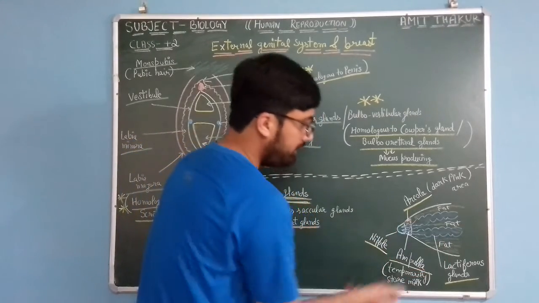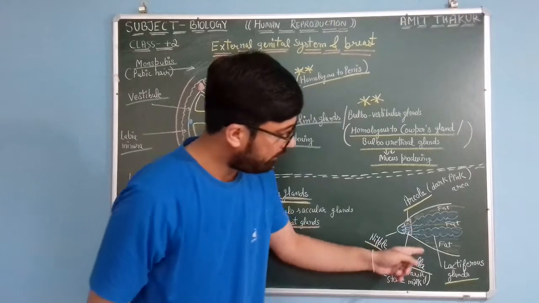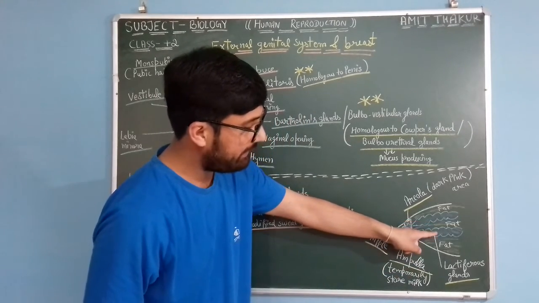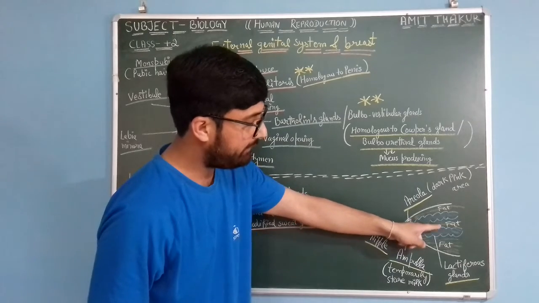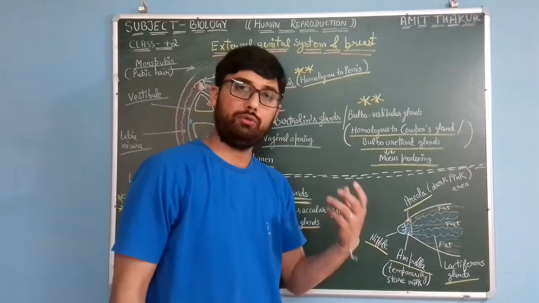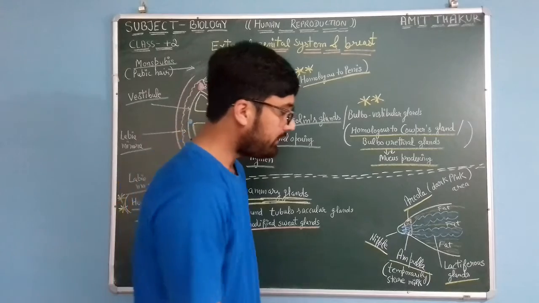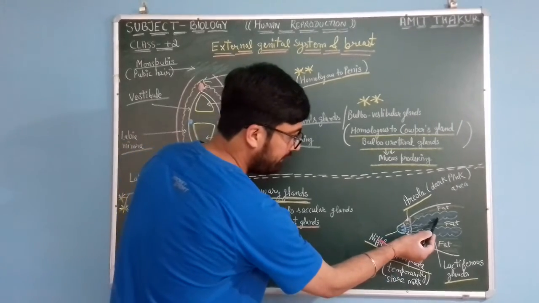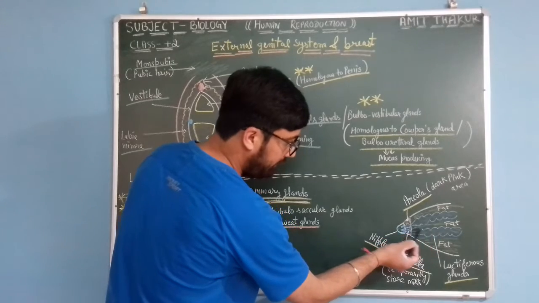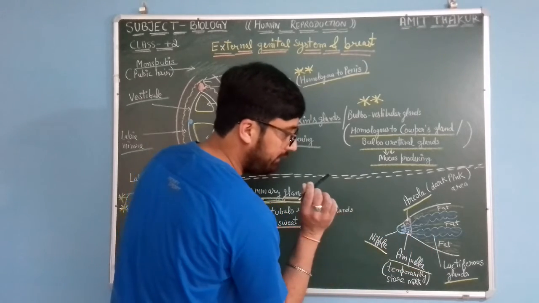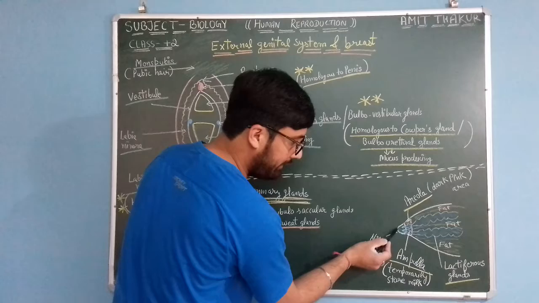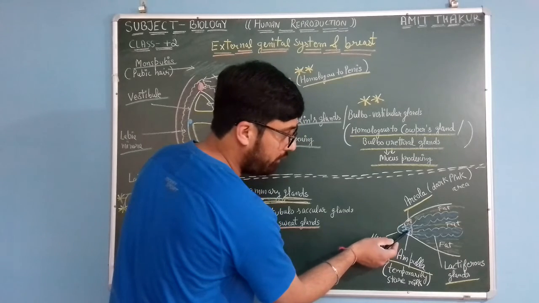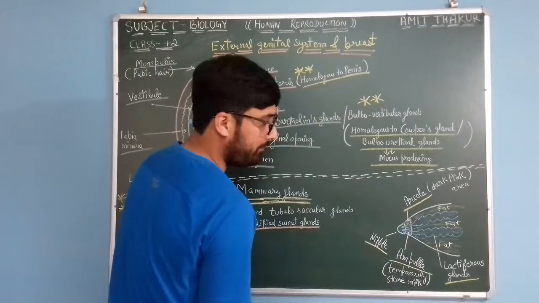In this structure you are seeing over here, these are lactiferous glands, which produce milk. After the production of milk, this milk is transported to the terminal end, which is known as the nipple, and this large dark pink area is known as the areola.